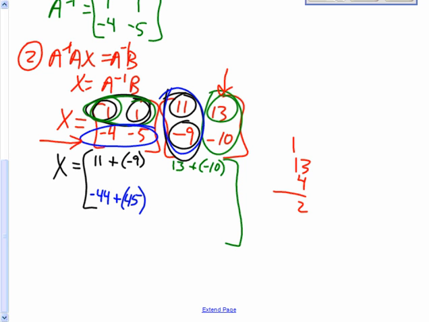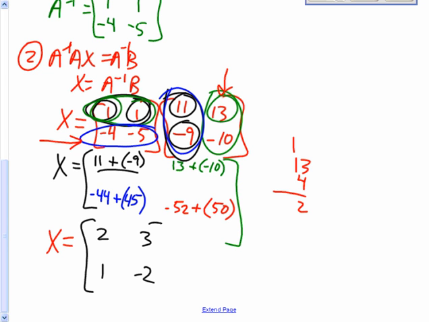That's -52, plus -5 times -10, looks like we got a 50 here. So matrix X ends up being 11 minus 9, 2, 3, 1, negative 2. Okay, so 2, 3, 1, negative 2.